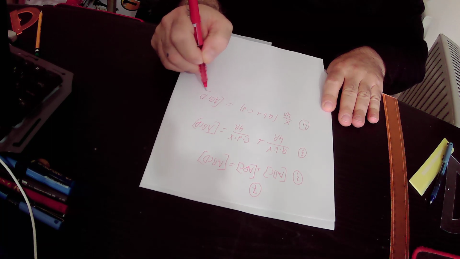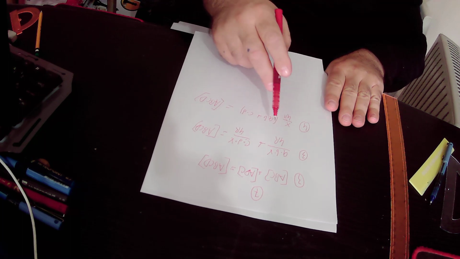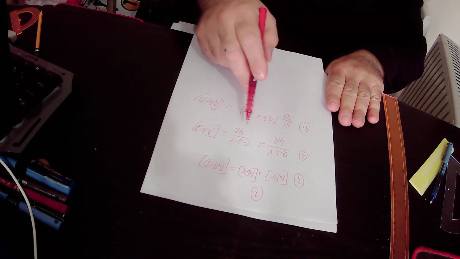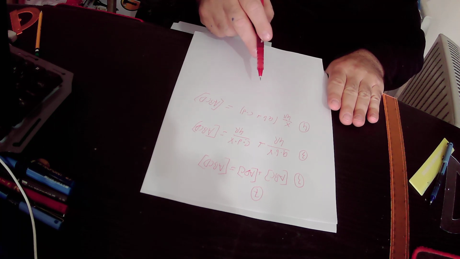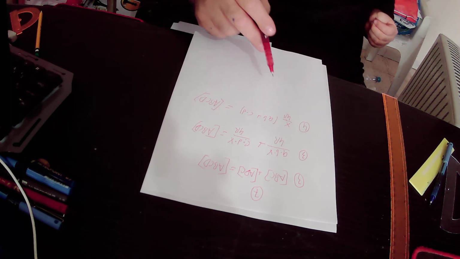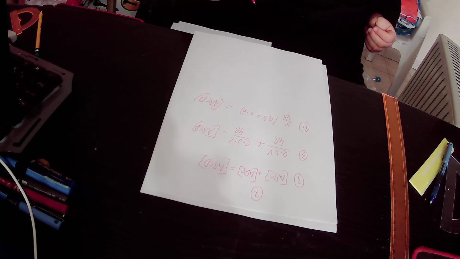Okay, so we took out a common factor x over 4r from this expression, and we got that x over 4r times (ab plus cd) equals the area of quadrilateral ABCD.